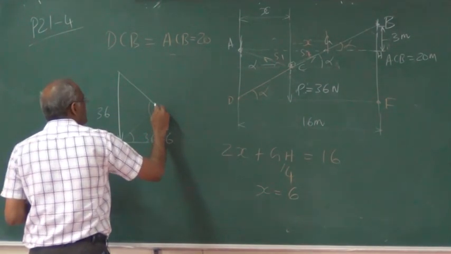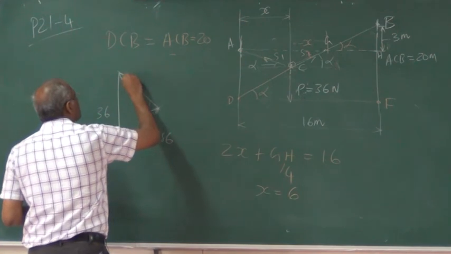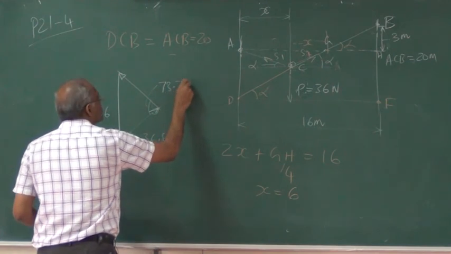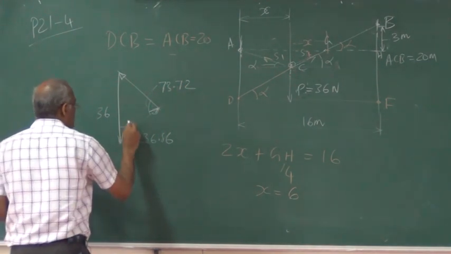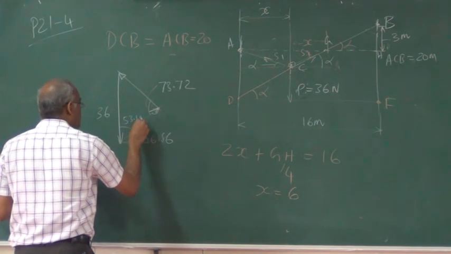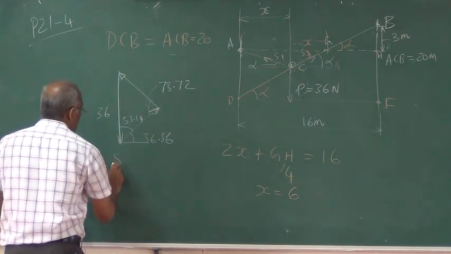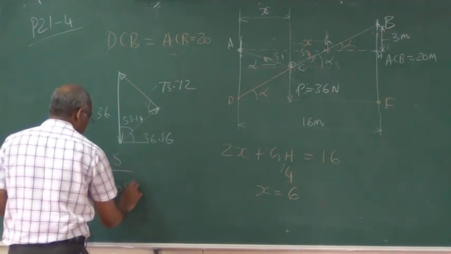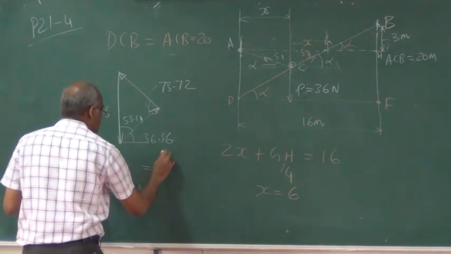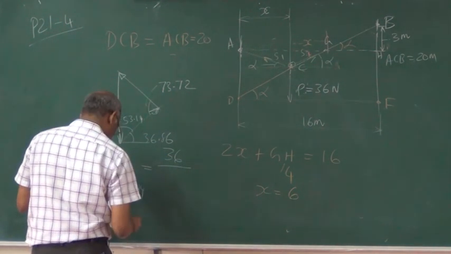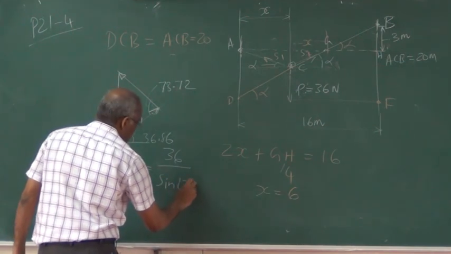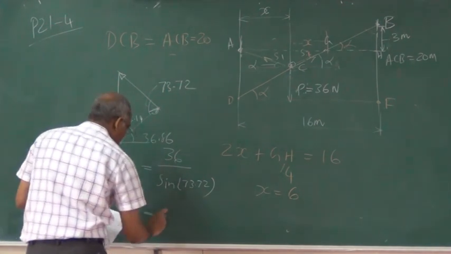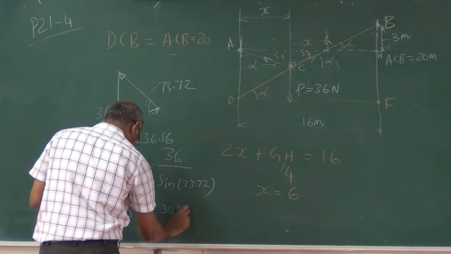So this angle is going to be 73.72, and this angle is going to be 53.14. So the tension S divided by sine 53.14 is equal to 36 divided by sine 73.72. From this S is equal to 30 Newton.